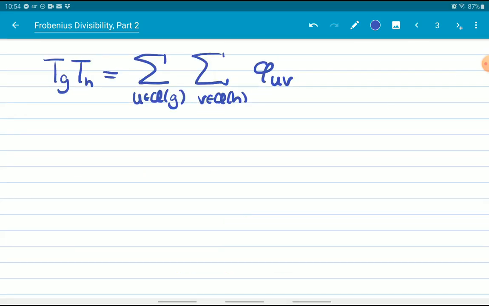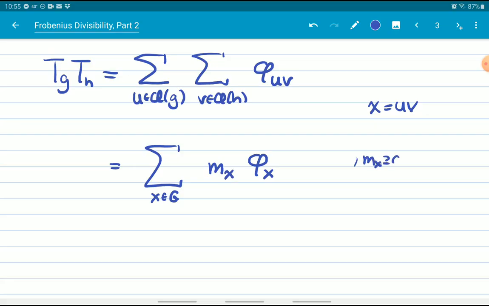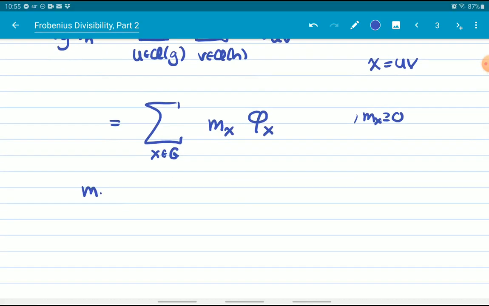So what I'm going to do is I'm going to take this sum and re-index it. I'm going to group together all terms where uv is a particular x. So that's going to be a sum over elements of the group x of phi x, but a bunch of copies of phi x. So mx is going to be a positive integer. What is mx?